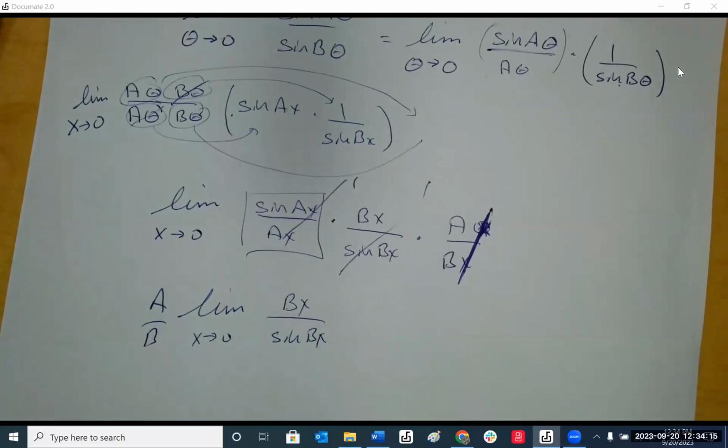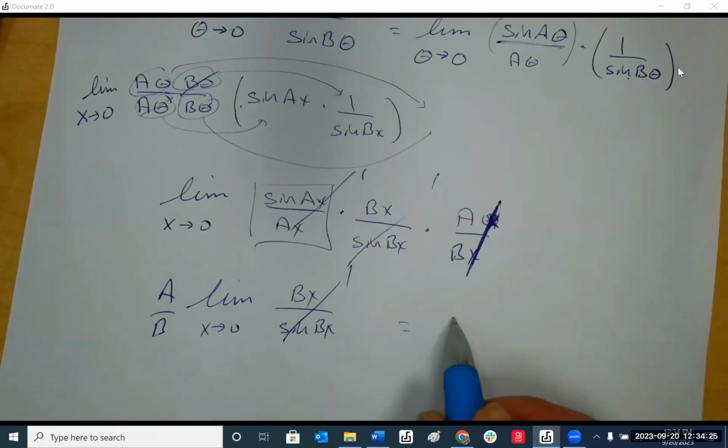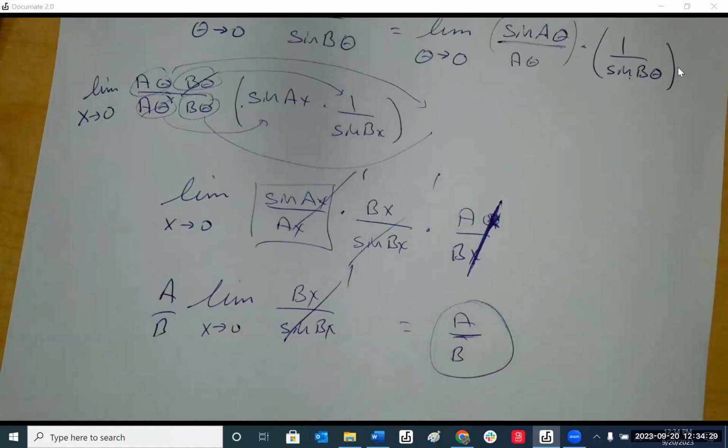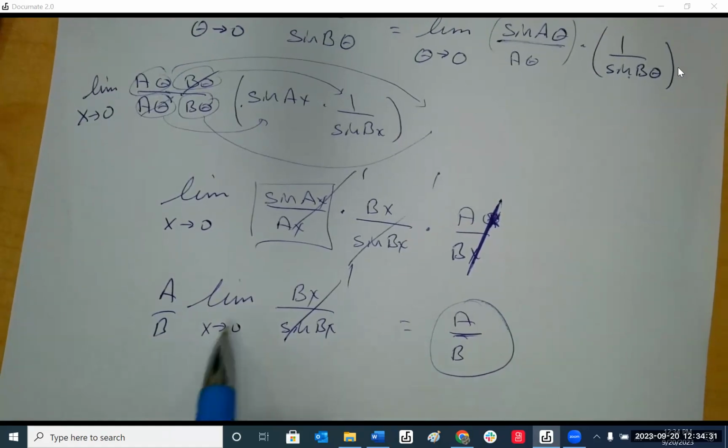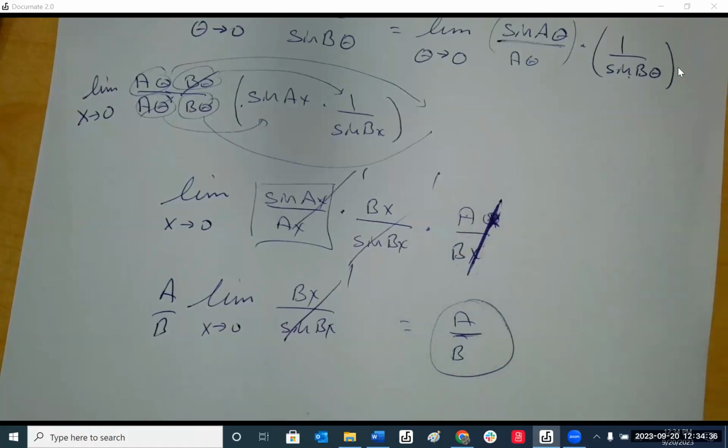Because remember in our example where we flipped it, what if we didn't flip it, kept it upside down? It would still be 1 to 1. So this goes to 1 also. All we have left, because the x is canceled, is A and B.